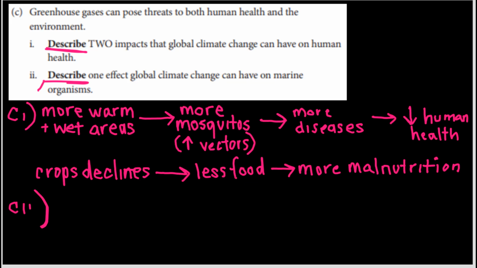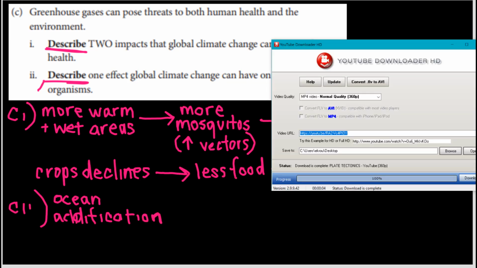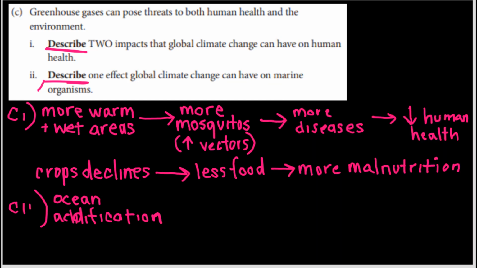So, what did we just talk about? We just talked about ocean acidification. So we could say, man, I cannot spell today. Okay, so ocean acidification is going to reduce the pH, right?